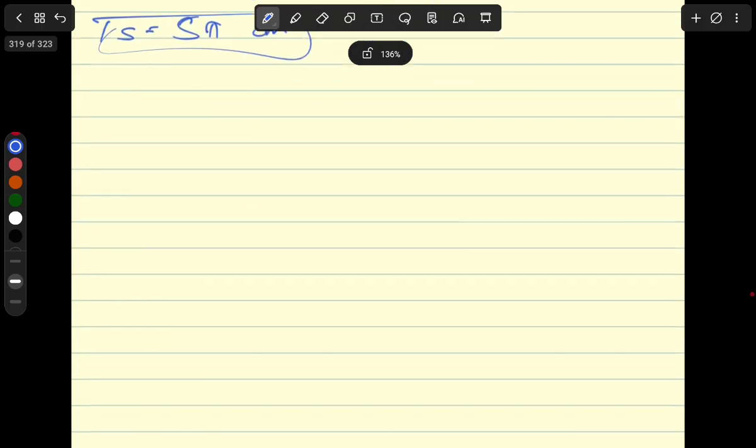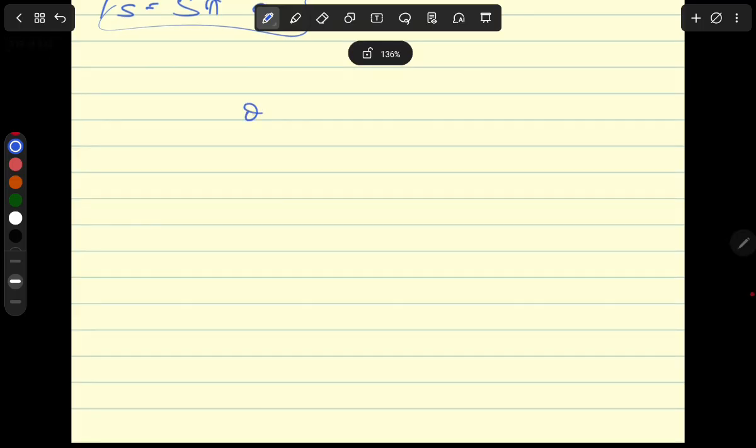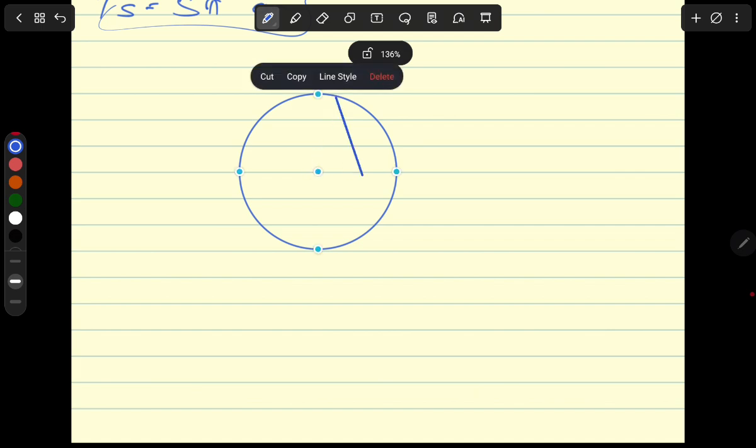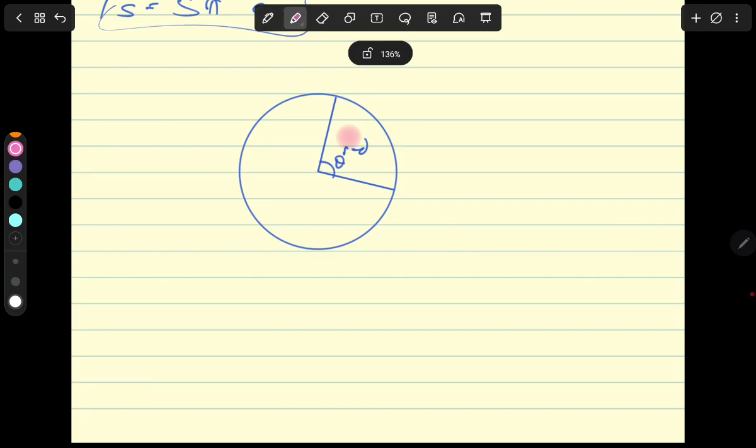Now, for the sector area, similarly, so if we are talking about this proportion, right? So this is the sector. This is theta radians. We want to find out this area, right?